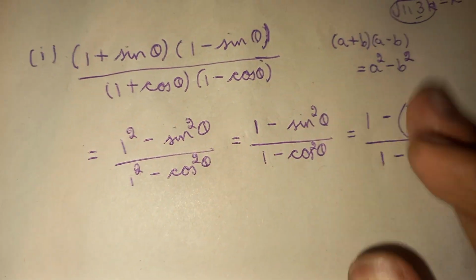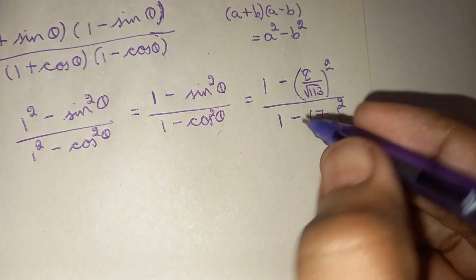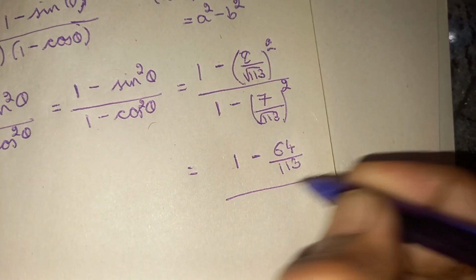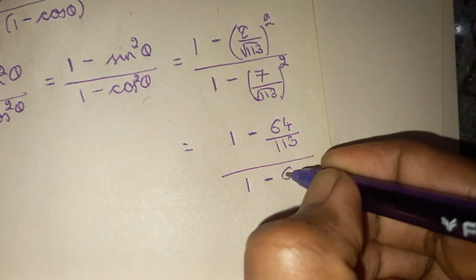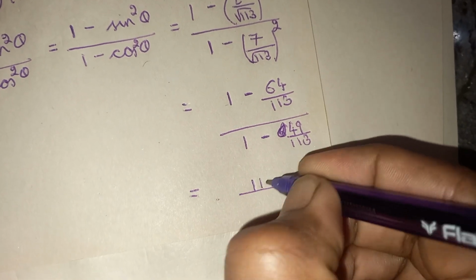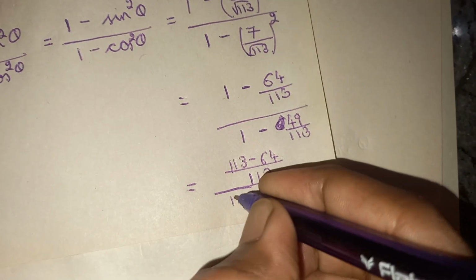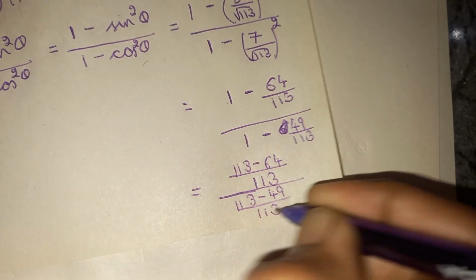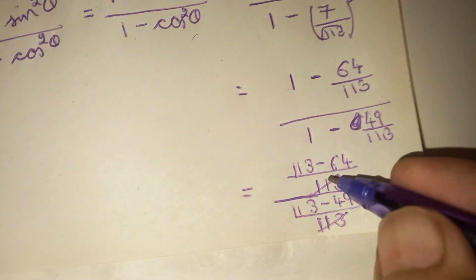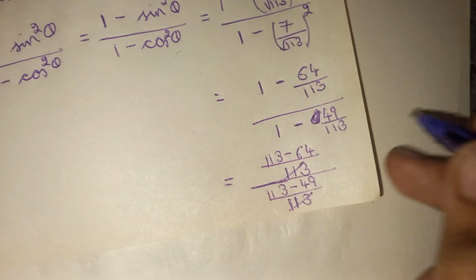So we get 1 minus 64 by 113 divided by 1 minus 49 by 113, since 8 square is 64 and 7 square is 49. Taking 113 as common, we get 113 minus 64 over 113, divided by 113 minus 49 over 113. Both denominators are the same, so they cancel out. Just take the numerator values.